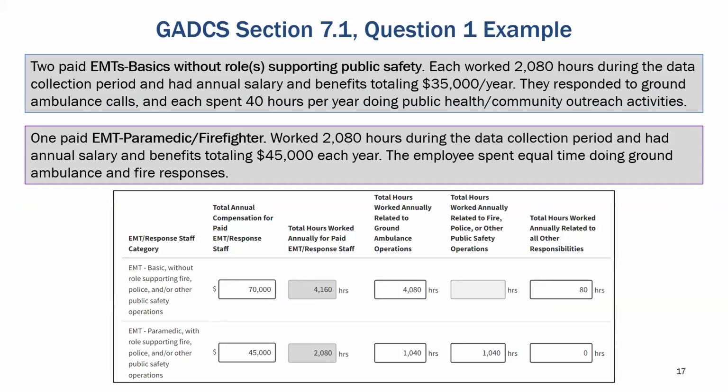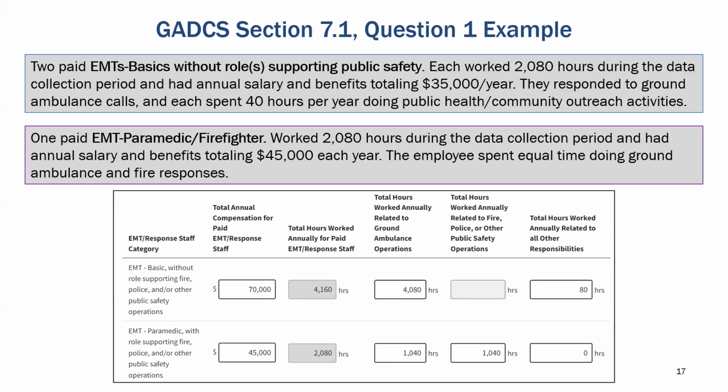Slide 17 gives examples of how a hypothetical fire department-based organization might respond to question 1 in section 7.1. In this section, we consider only paid EMT or response staff. The organization has 2 paid full-time basic level EMTs without a public safety role. Both worked full-time, or 2,080 hours, during the reporting period, and each have an annual salary and benefits totaling $35,000 a year.